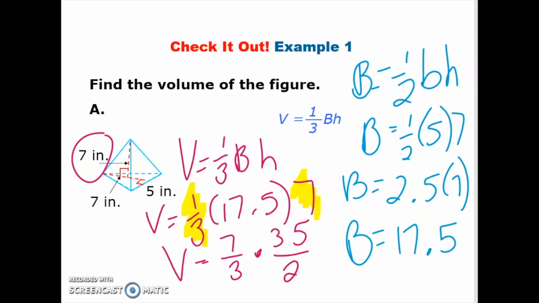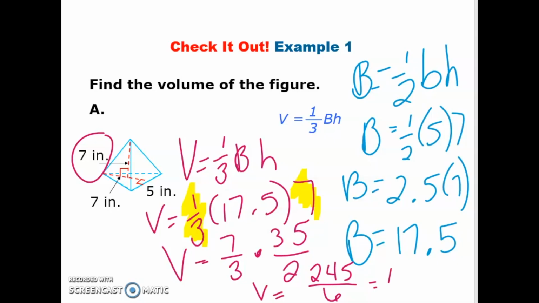And I can't cross cancel anywhere. So when I multiply this out, I'm going to end up with 7 times 35, which is 245 over 6. And at this point, I could do that division, and I am going to get a repeating decimal.